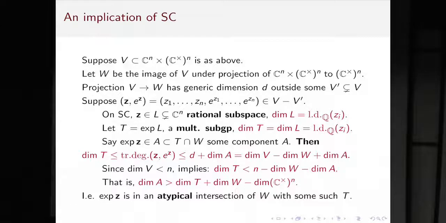And we're going to make a dimension computation. So on the one hand, the transcendence degree by Schanuel is at least the dimension of T, which was the same as the dimension of L. We're on this first red line. But e to the z belongs to this algebraic component A, where the fibers have dimension d. So the transcendence degree is at most d plus dim A. And d is dim V minus dim W, because it's the dimension of the fiber.